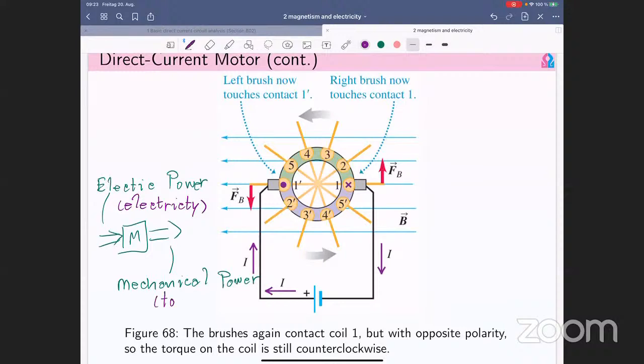It's torque tau as a function of theta, as you have seen. And that's the whole thing about the motor. You pass the electric power to that, and you get the output as the torque, which is a kind of mechanical power.